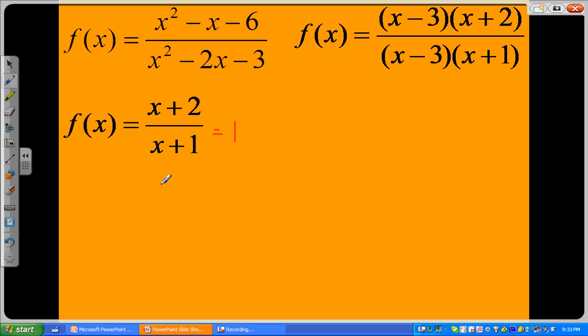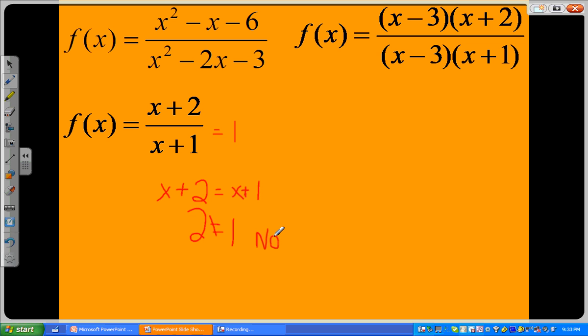Cross multiply. You have x plus 2 equals x plus 1. I'm doing this with a mouse, so give me a break. Subtract x. Does 2 equal 1? The answer is no. So the graph does not cross this horizontal asymptote.